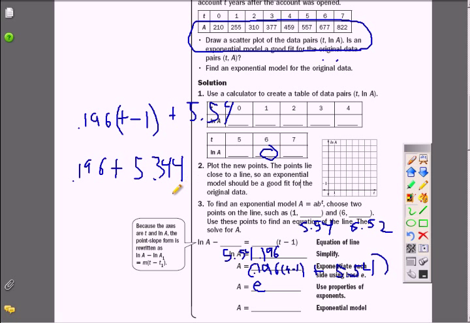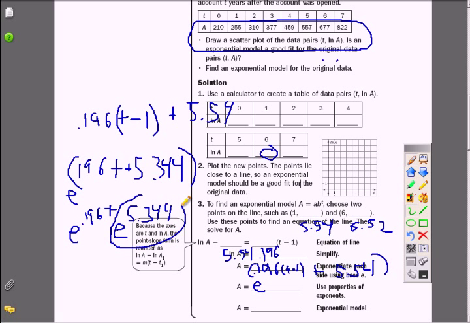Now, what happens is when e is to the t, and then this is a plus sign right here, because it's plus, it breaks down to be e to the 0.196 t, and then e times e to the 5.344. This ends up being a number, and that number actually ends up being 209.